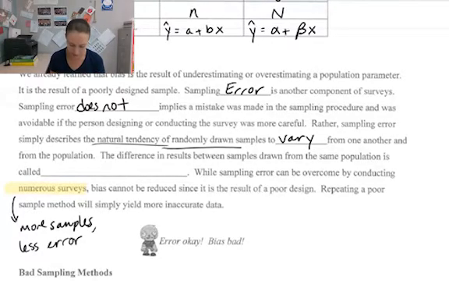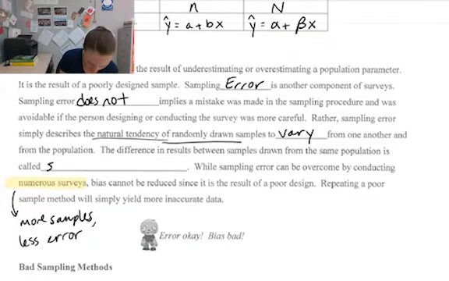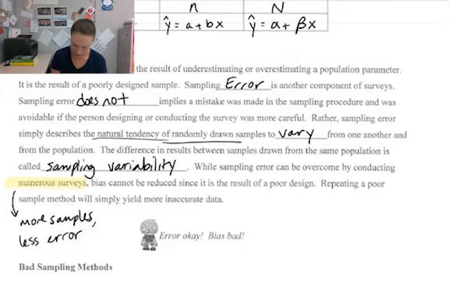The difference in results between samples drawn from the same population is called sampling variability. While sampling error can be overcome by conducting numerous surveys, so the more samples we have, the less error we have, bias cannot be reduced since it is the result of a poor design.